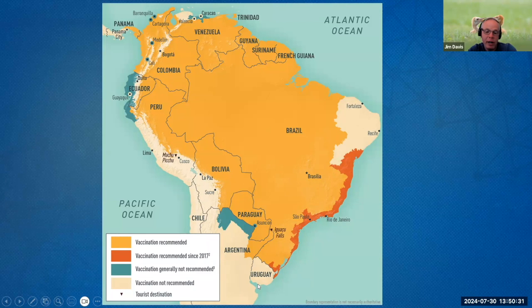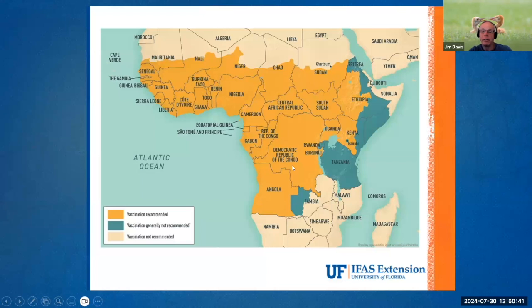And then you have other areas, such as Chile, where vaccination is not recommended. But it's not only in South America, it's in parts of Africa as well. So that's why, when you travel, it's important to check your travel advisories and cautions and figure out what vaccinations, if any, you need when traveling abroad.